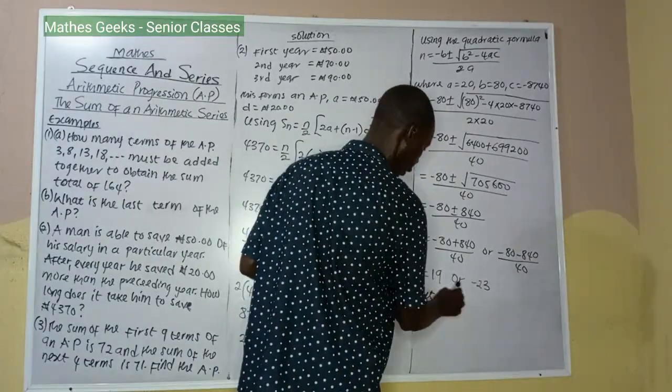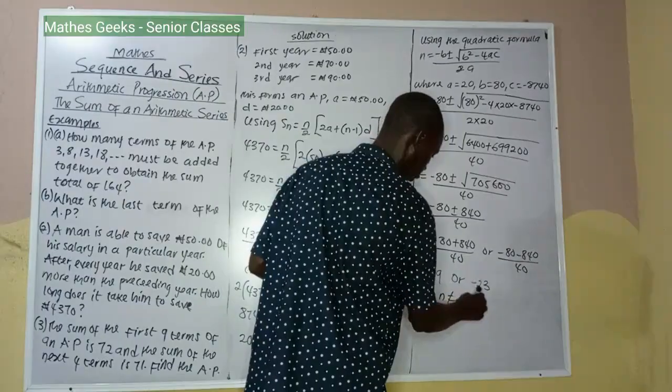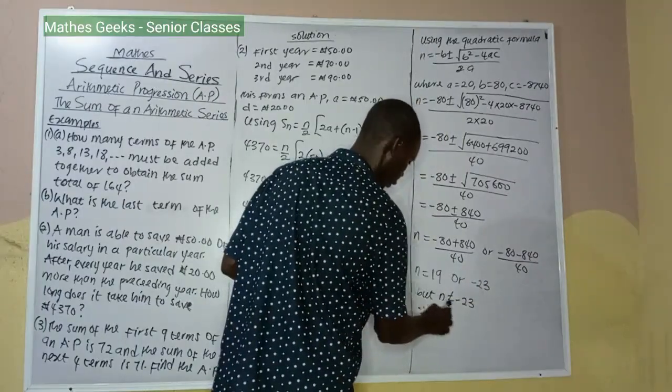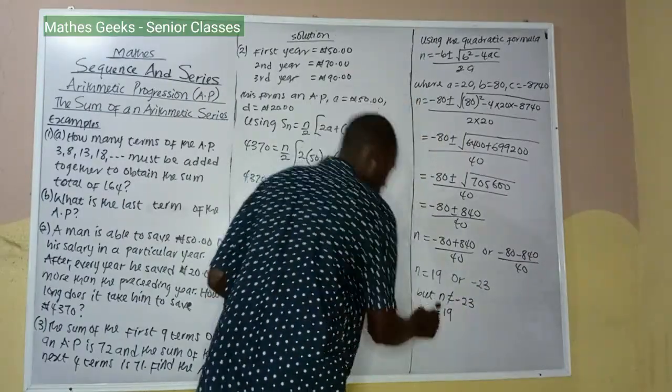But n cannot be minus 23, therefore n is equal to 19.